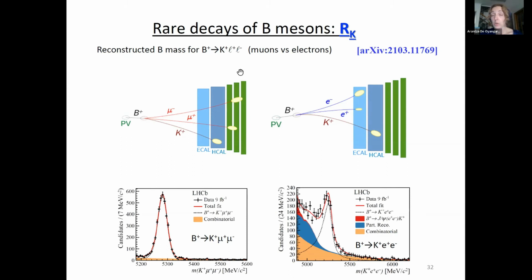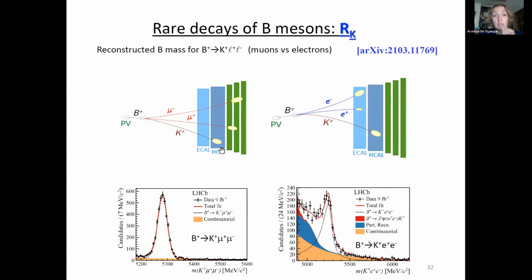So you see the difference when we are reconstructing. There was a related question: what is better, to reconstruct muons or to reconstruct electrons? This depends on the experiment, and you can see, for instance, in LHC how much better it is to reconstruct muons as compared to electrons. In our case, electrons are much more complicated. You have much more background. This is just the mass distributions in the case of B to K lepton lepton, when you are using muons or when you are using electrons.